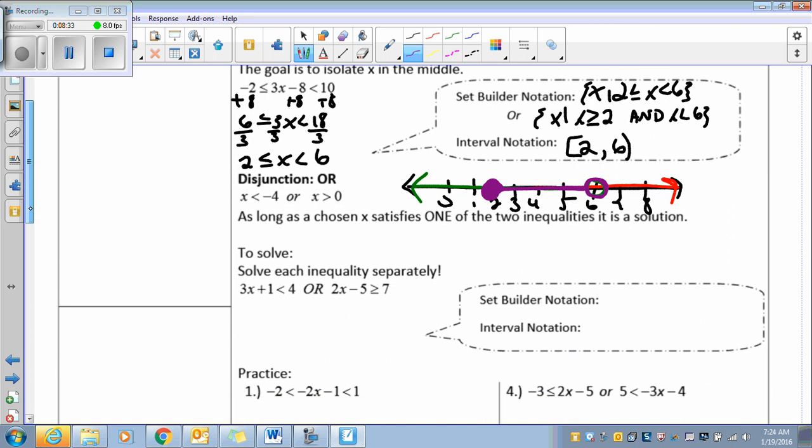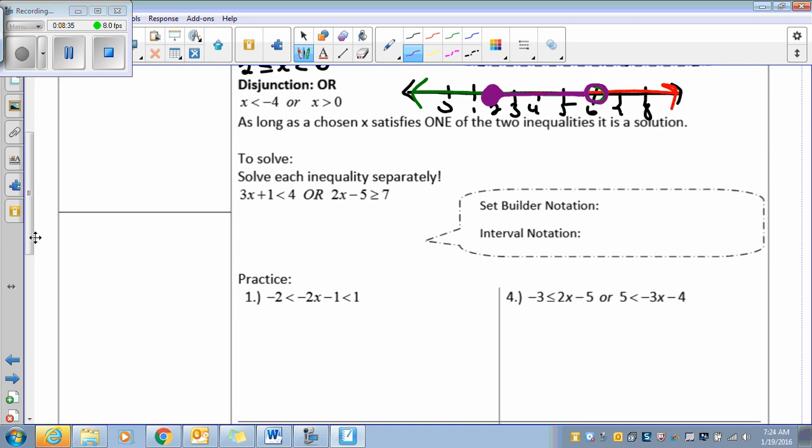So now let's look at if we have a disjunction, which is "or." That means that the solution has to satisfy one of the inequalities, but it does not have to satisfy both. So we are going to solve both sides of the inequality, and then we'll look at graphing it.